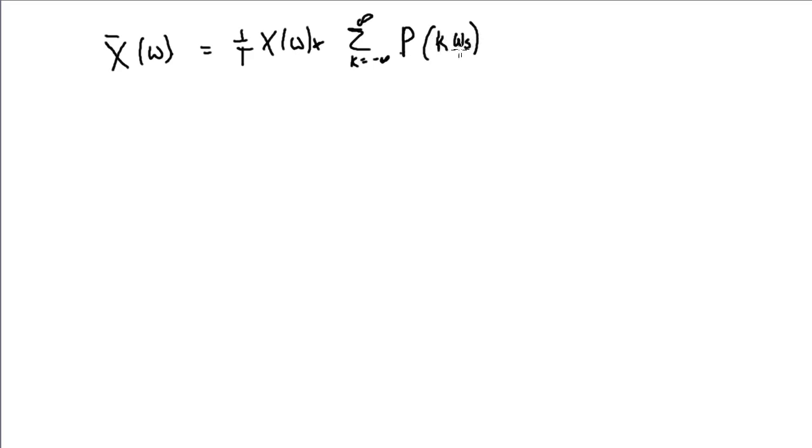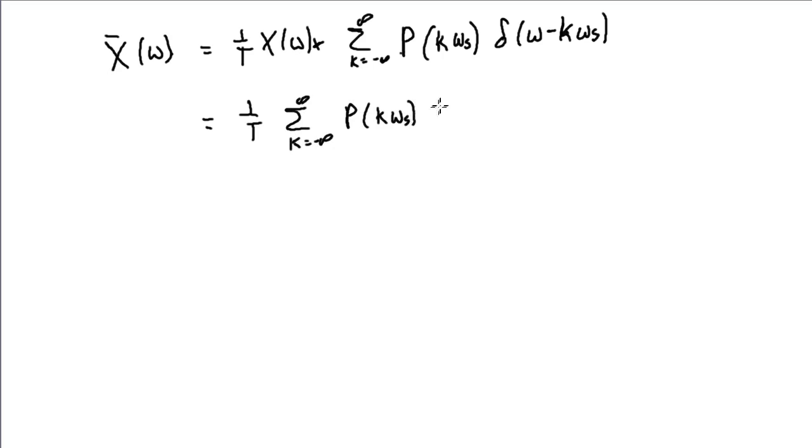So P(k omega_s), these are just constants for the different values of k, times delta(omega minus k omega_s). I can carry out this convolution as well: 1 over T, sum from k equals minus infinity to infinity, P(k omega_s) times X, and when I convolve X(omega) with the impulse, I just get the shifted version of X(omega).